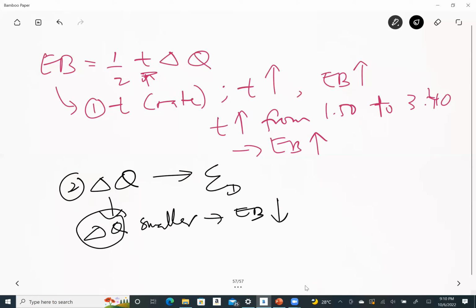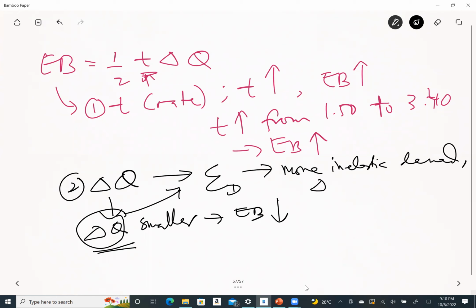Now, this delta Q, you can relate to the elasticity of demand. Now, if the change in Q is smaller, what about the price elasticity of demand? Will it be inelastic or elastic? So if the demand is more inelastic, that means the demand function is more vertical, more steep, then what happens?